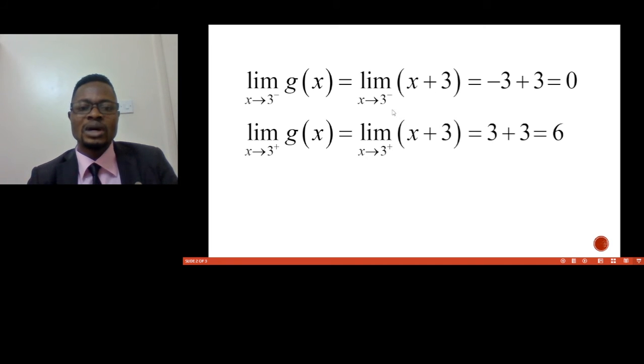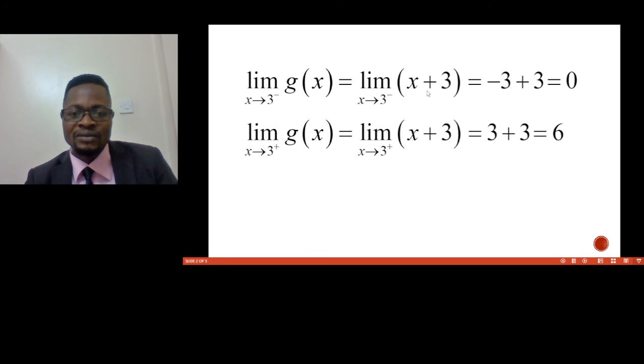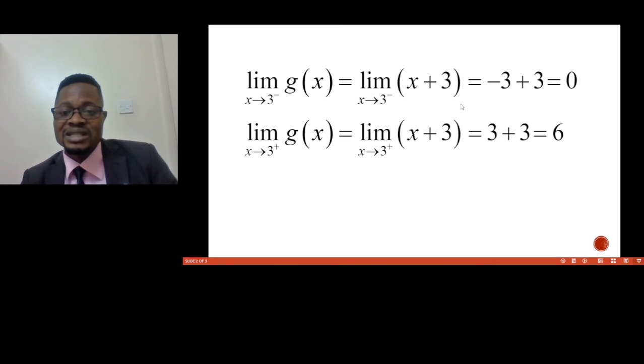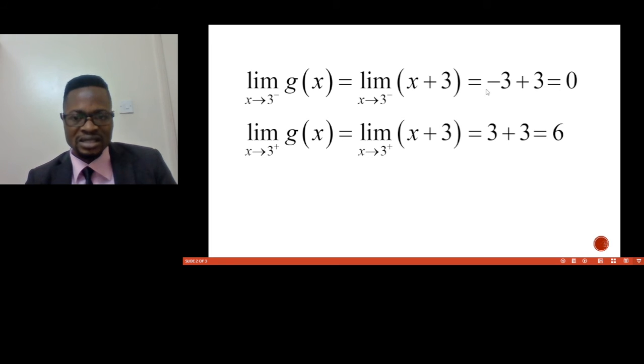So we just do our direct substitution. Since it approaches 3 from the negative side, it means negative 3 plus 3. So you have to put this negative sign to show that it is from the negative side. And if you solve this, you get 0 because negative 3 plus 3 is 0.